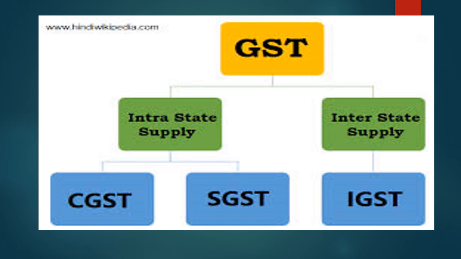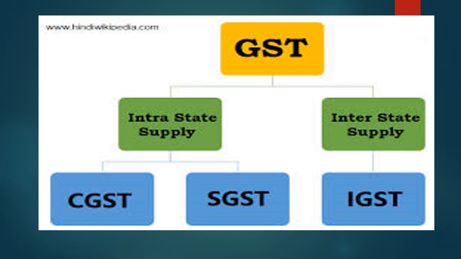So now in the whole country, in India, there is only one tax which is known as GST. There are two types of GST. One is intrastate supply, other is interstate supply. Intrastate supply means if any item has been purchased or sold in the same state, then that is known as intrastate supply. Intrastate has been further divided in two parts.